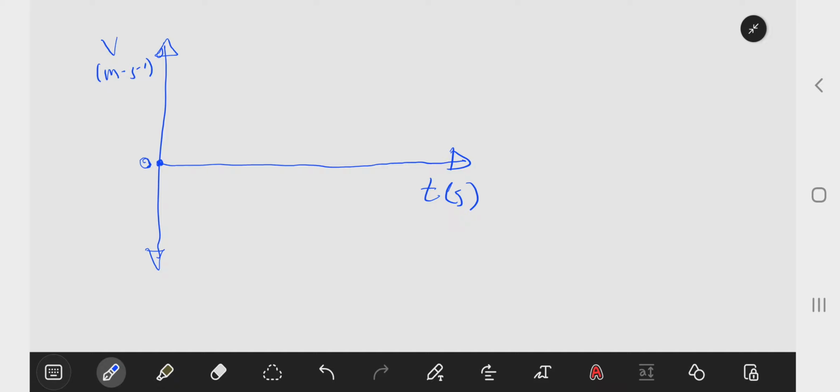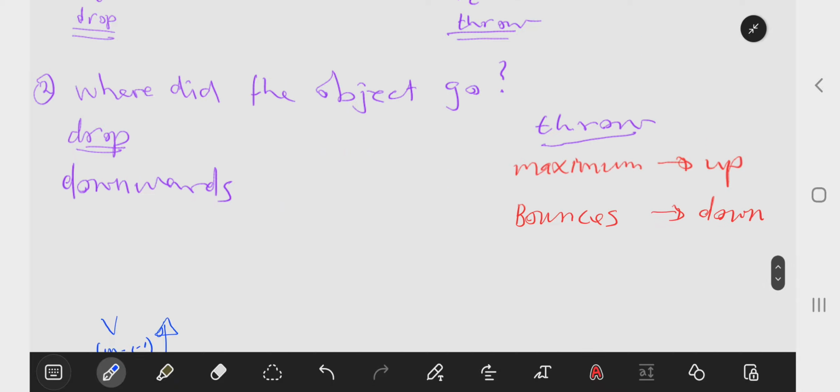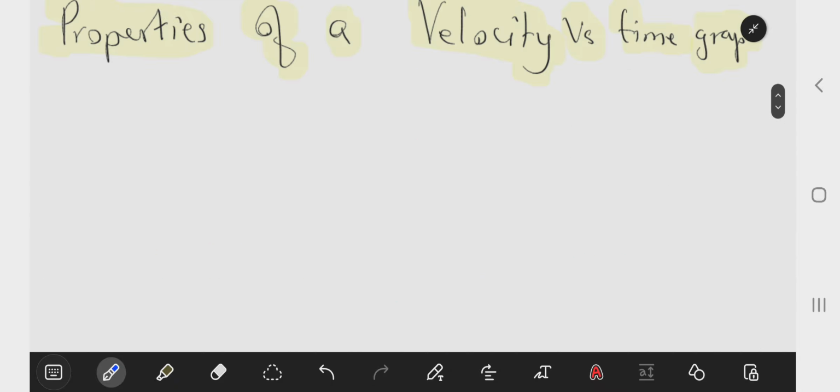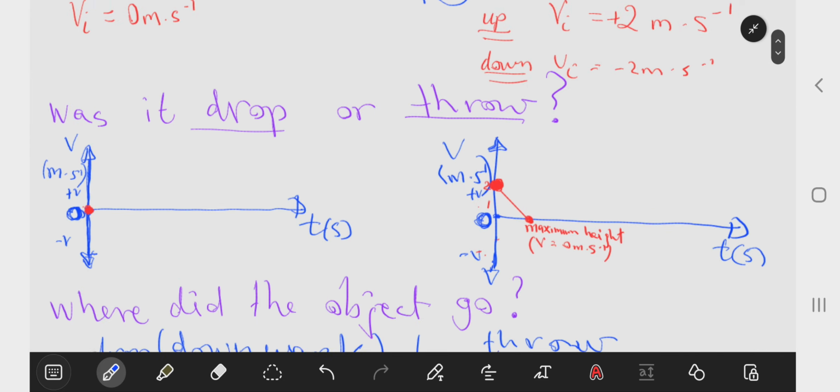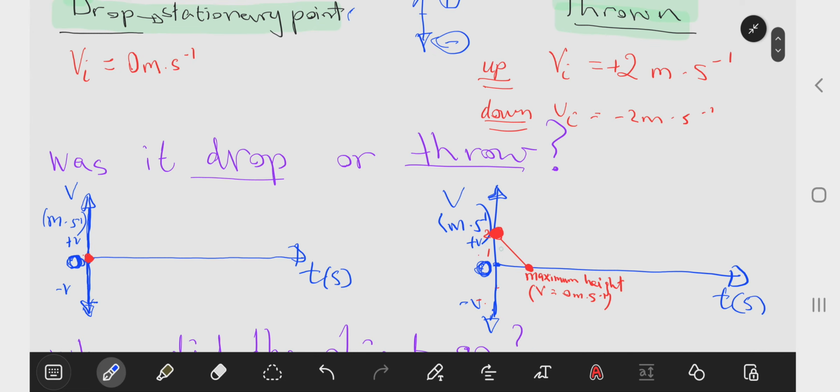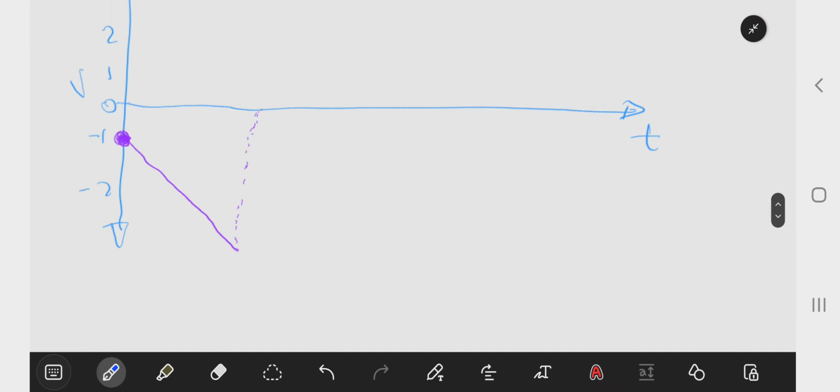And from the previous examples that I've been showing, you can see that all these graphs were straight lines, right? So all these velocity time graphs are represented by a straight line.